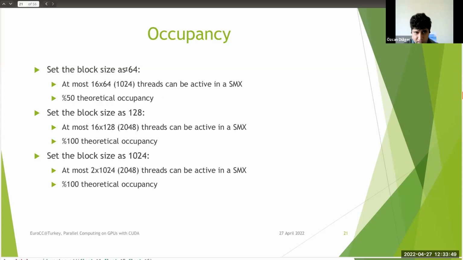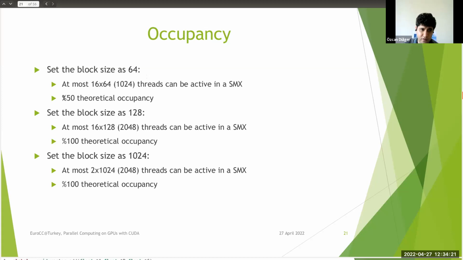So setting the block size as 64 provides us 50% theoretical occupancy because of the limitations here. At most 16 blocks can be active in an SMX, and if the block size is 64, at most 1024 threads can be active in an SMX, but the limit is 2048.